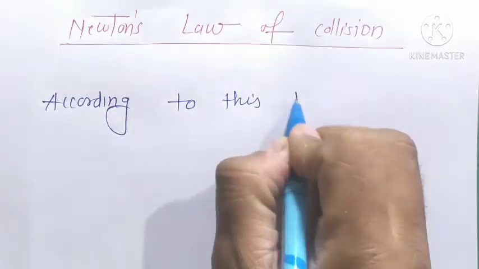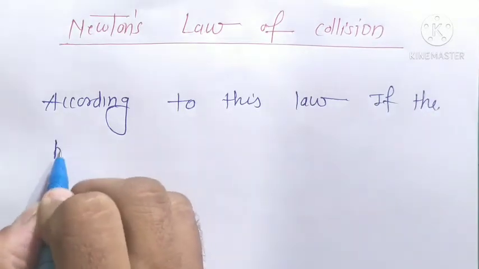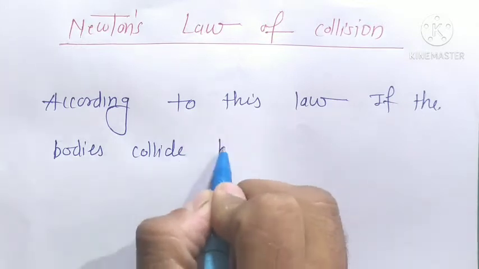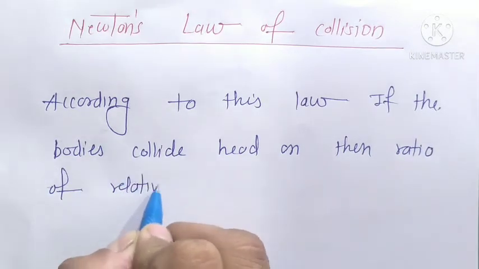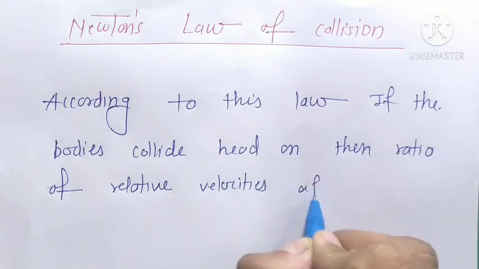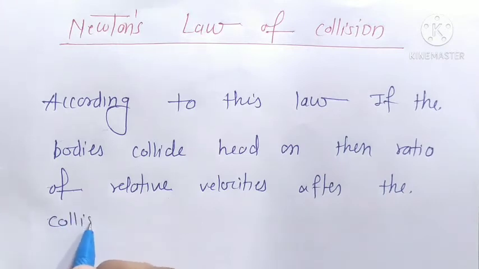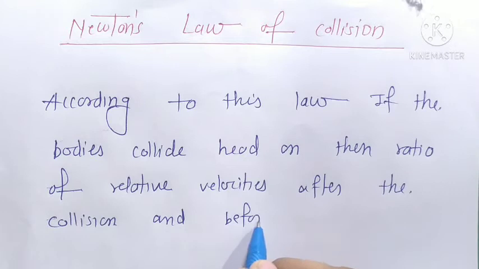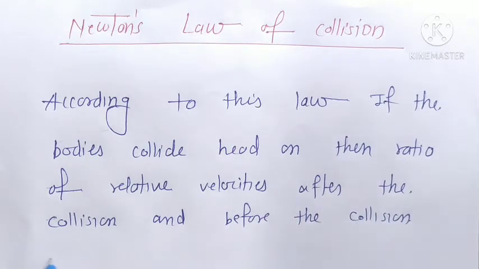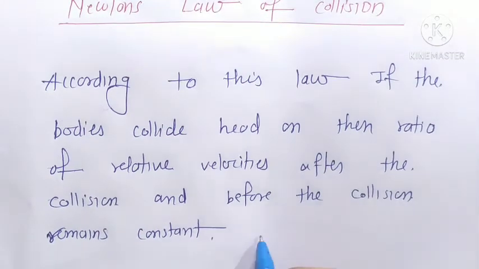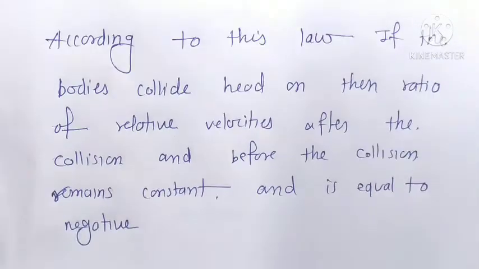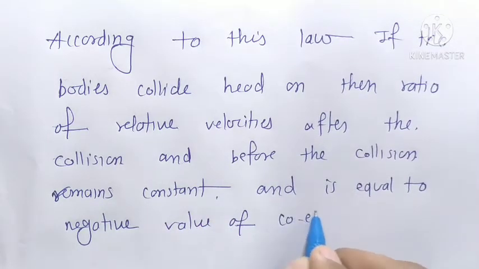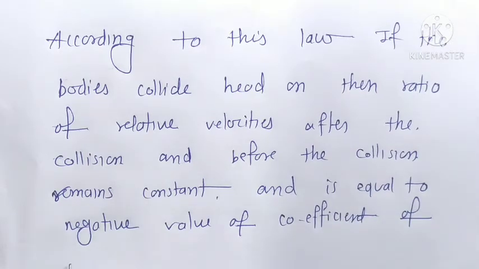According to this law, if two bodies collide head on, then the ratio of relative velocities after the collision and before the collision remains constant, and is equal to the negative value of the coefficient of restitution.